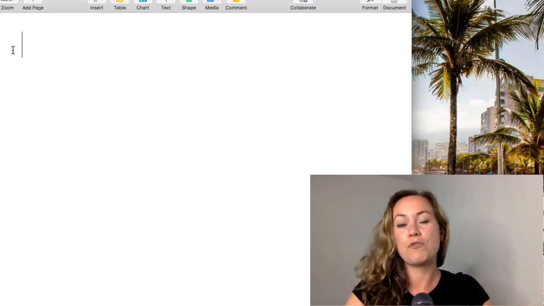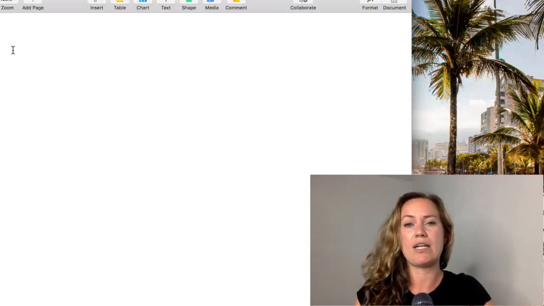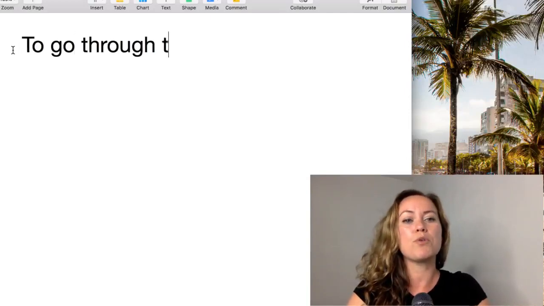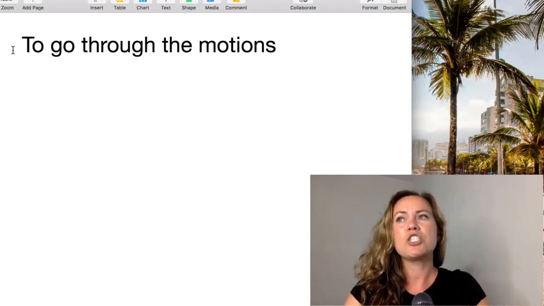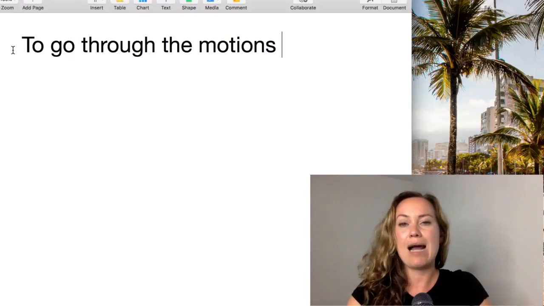Okay, to go through the floor is another phrase, but it's mostly British English, which means to go to a low level, like not something to be proud of, but in American English we don't really use that, so I'm not going to talk about that too much. To go through the motions means just to do some actions without really being very happy about it.